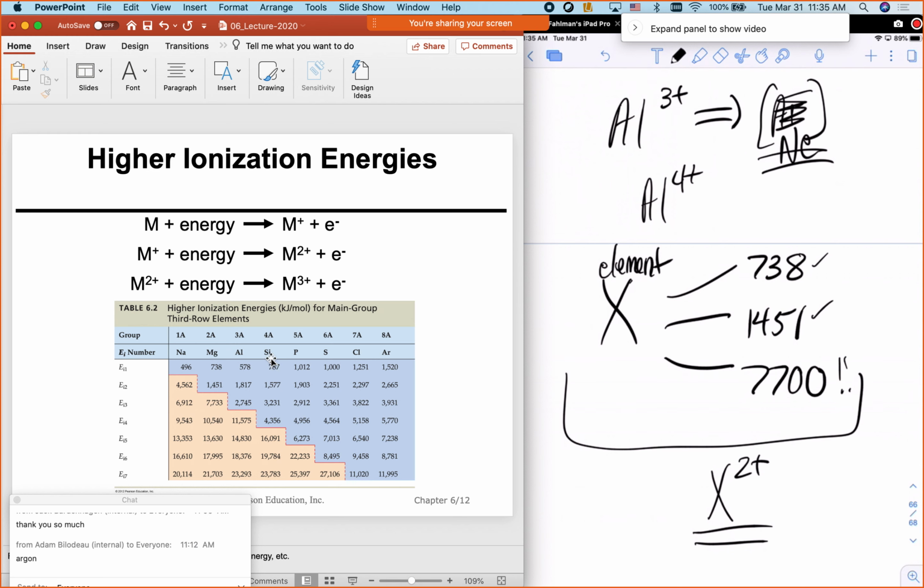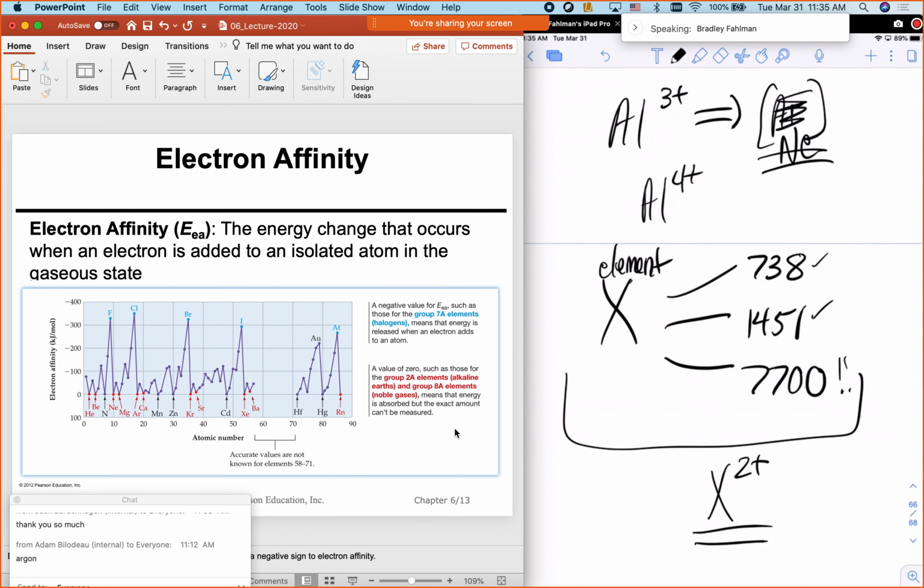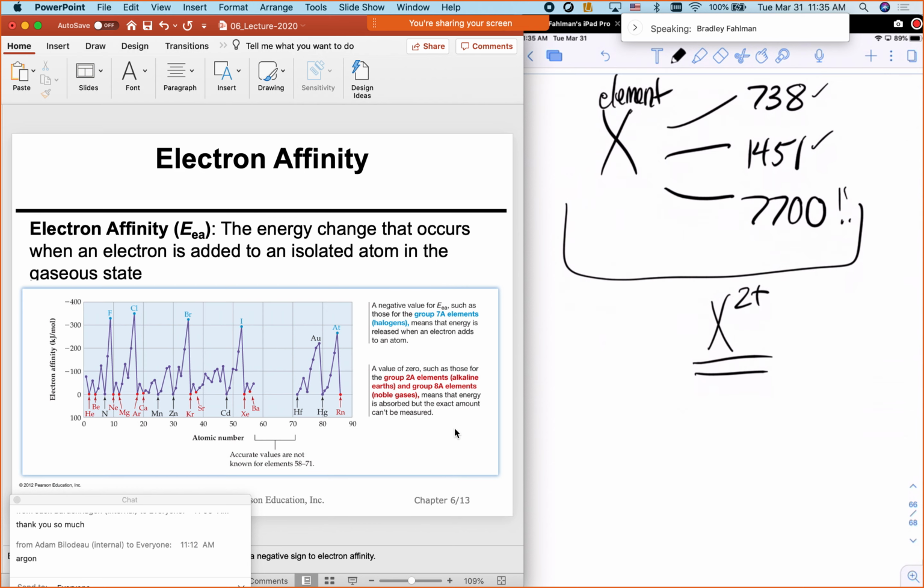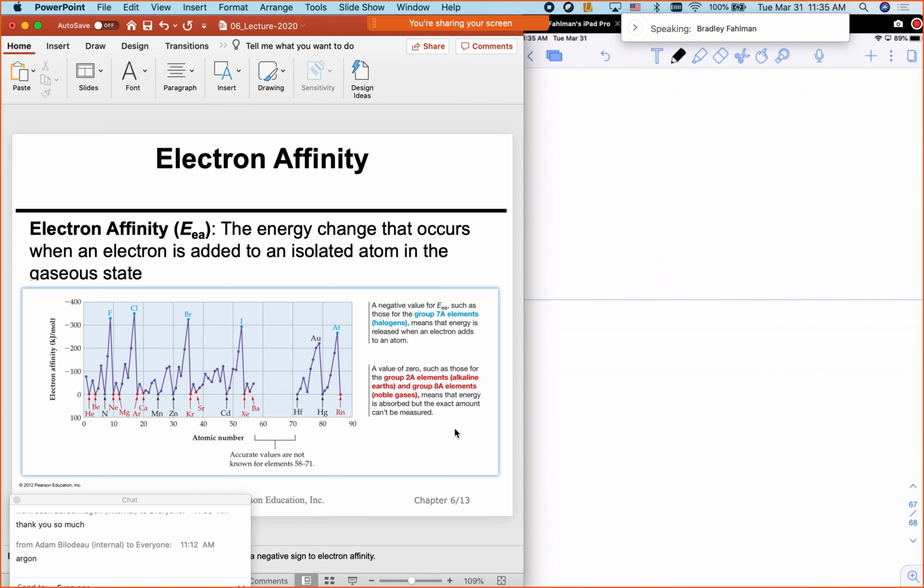So the group 4s can lose a maximum of 4 electrons, realistically. Does that kind of make sense? Hopefully. All right, so that's ionization energy.